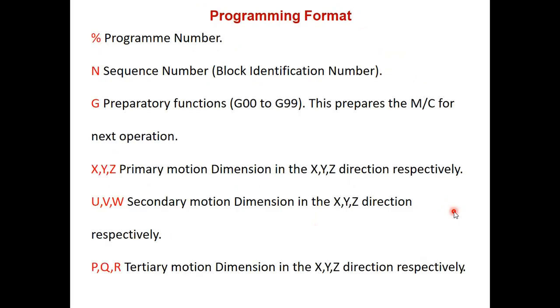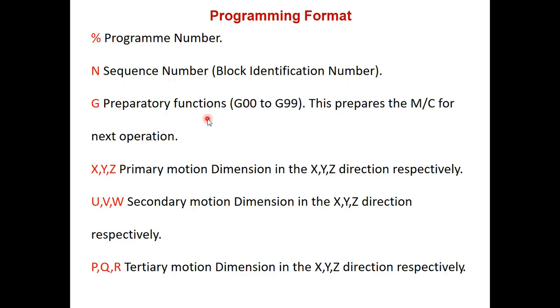So let's see the programming format. Every program will start with a program number, which is given by percentage and O. Next, N stands for the sequence or block identification, or in simple terms, a line number.